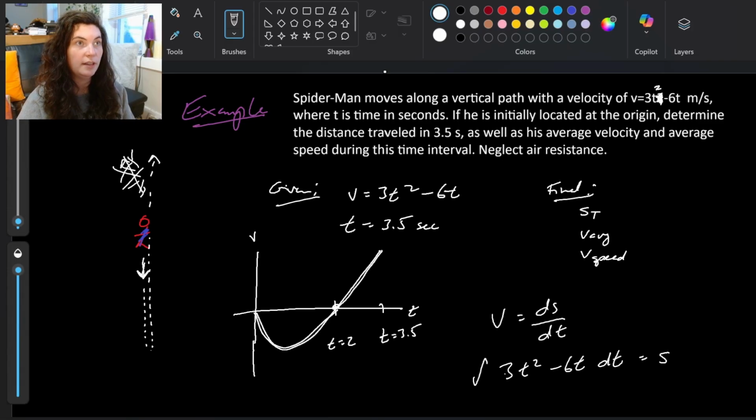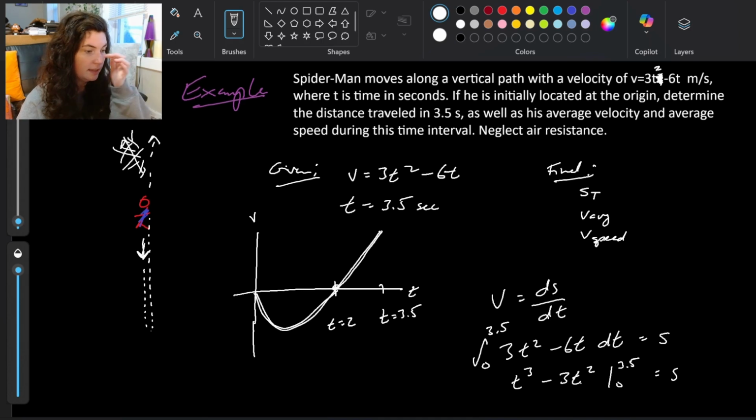So when we integrate this over the time interval from 0 to 3.5 seconds, I get t cubed minus the integral of 6t, sorry, just 6t, oh yeah, the integral of 3t squared, from 0 to 3.5 gives me my position.